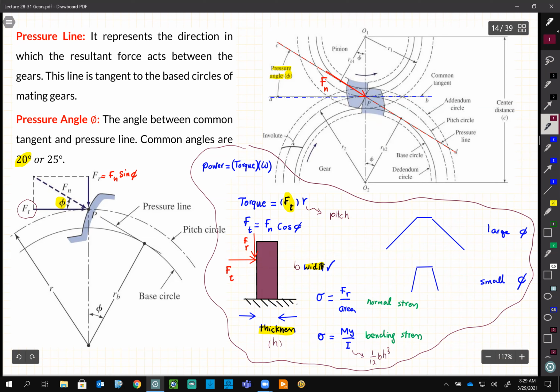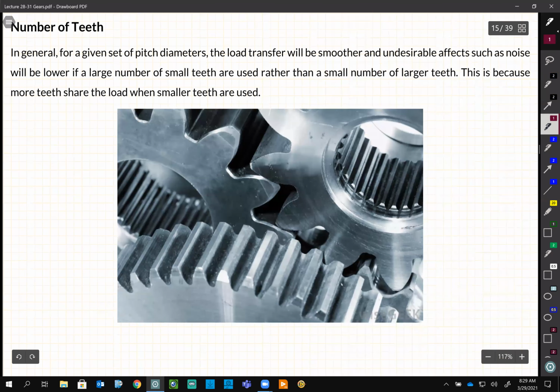Okay. And then the number of teeth, there is no rule saying that each gear should have this number of teeth. The more teeth that we have, of course, the gear is going to be smoother.